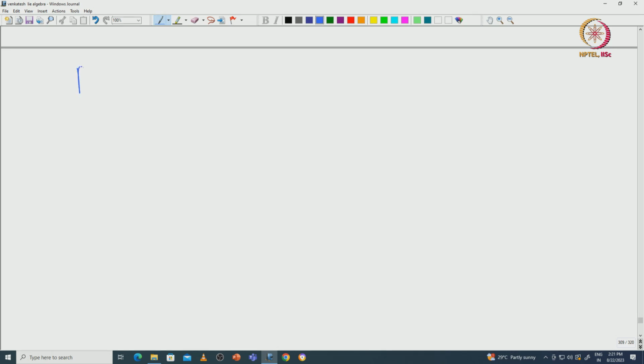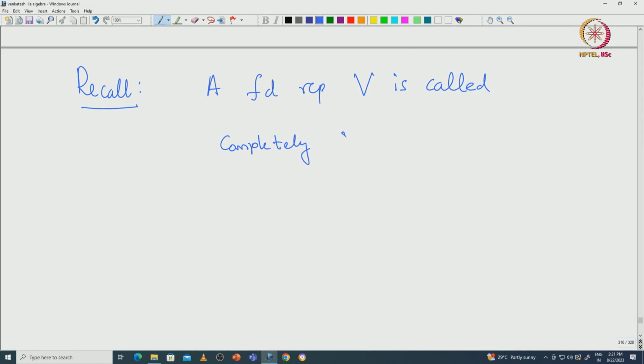Let me recall the definition of complete reducibility. A finite dimensional representation V is called completely reducible if V can be written as a direct sum of finitely many irreducible representations.